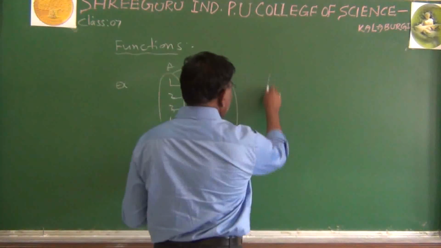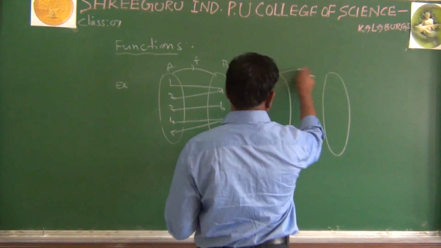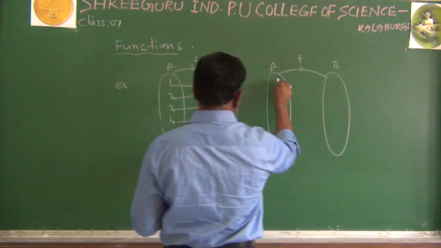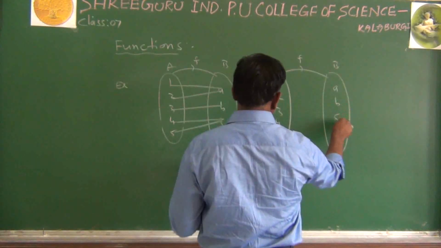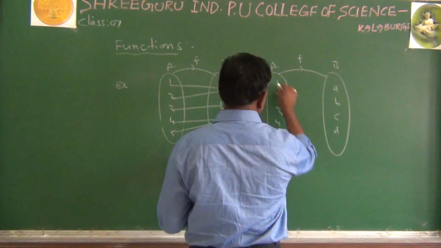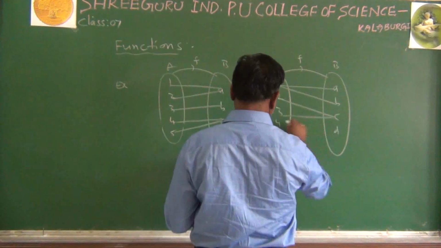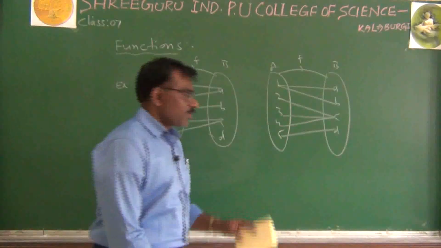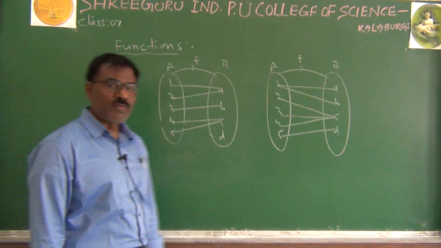Then one more example. F from A to B. 1, 2, 3, 4, 5 and A, B, C, D. Is it a function or not? This is not a function.